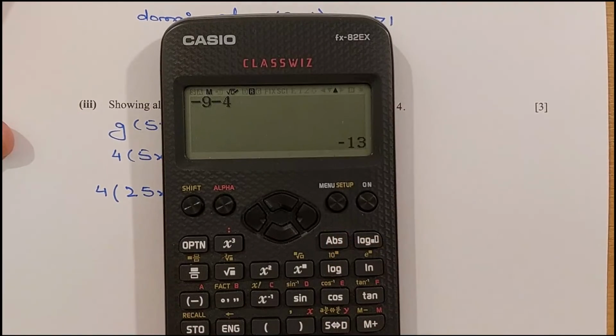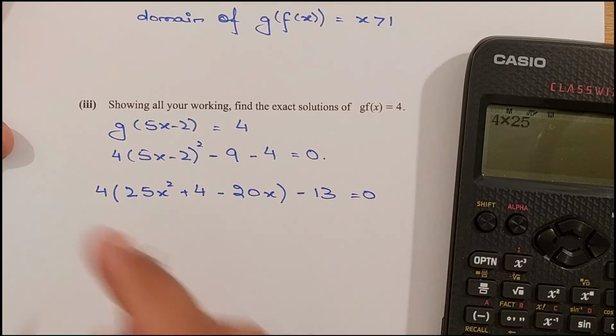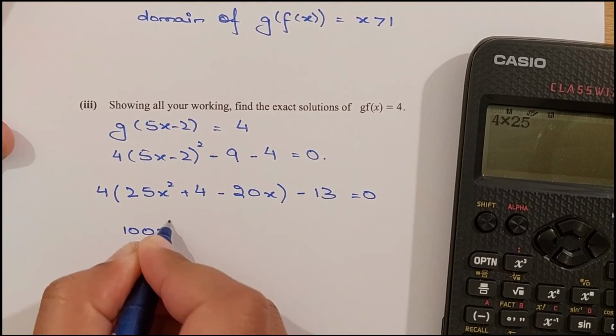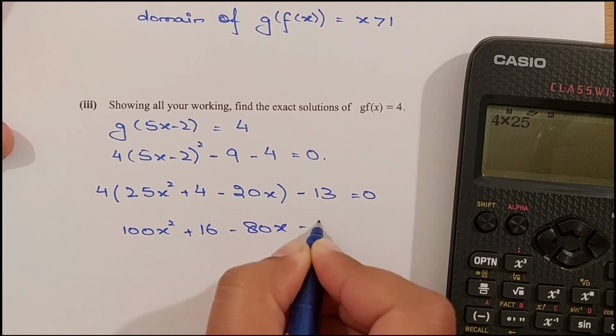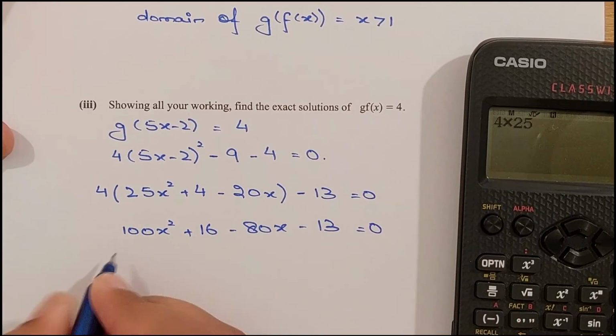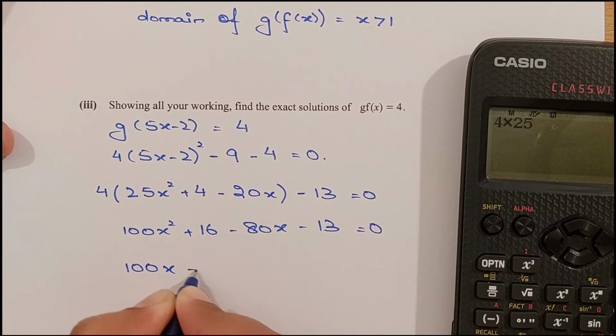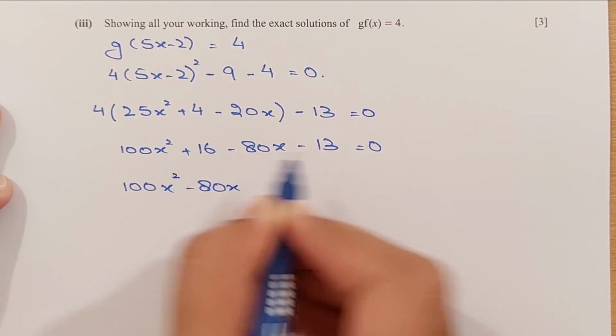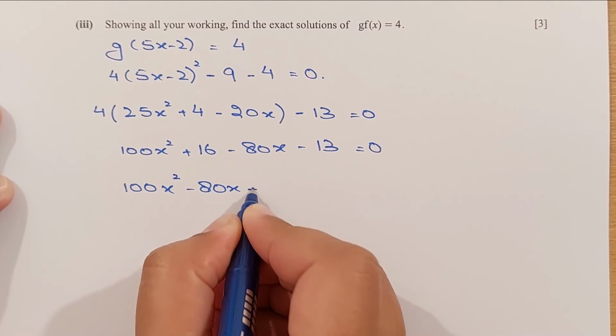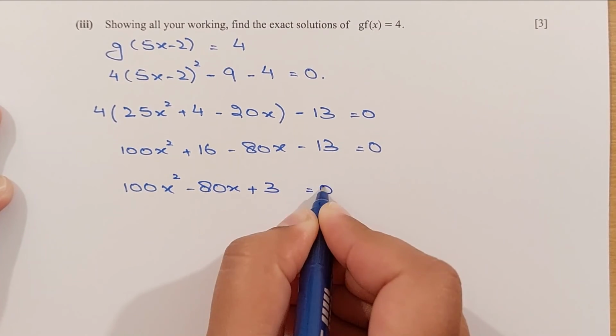Right. Now 4 times 25 is 100x square. 4 times 4 is 16, 4 times 2 is 8, 80, minus 13, this is equal to 0. So 100x square minus 80x, and 16 take away 13 is just 3, equals to 0.